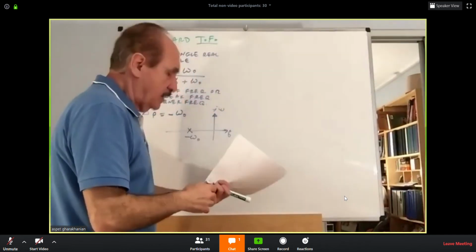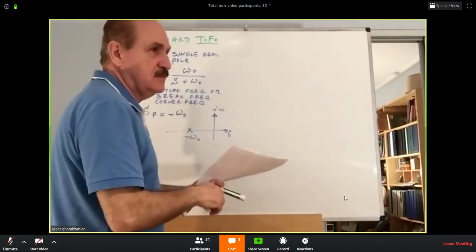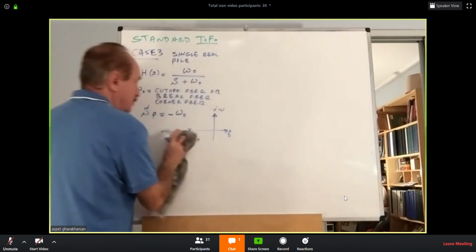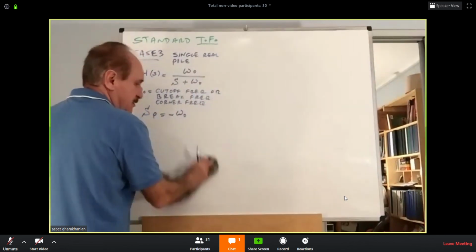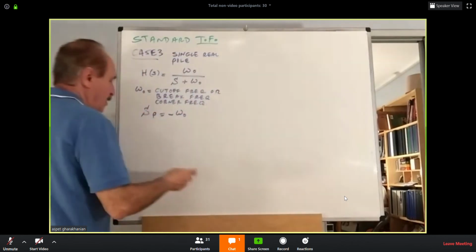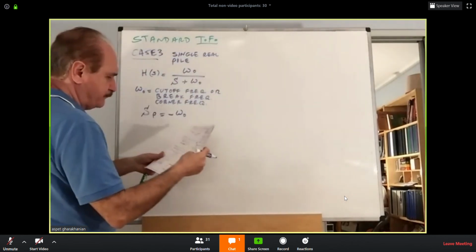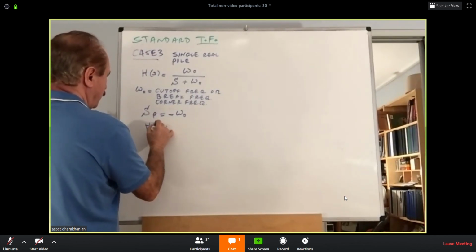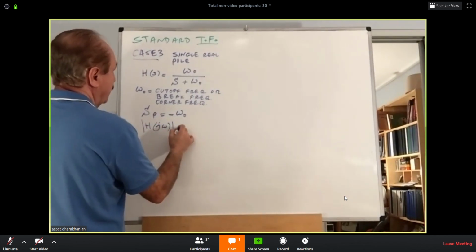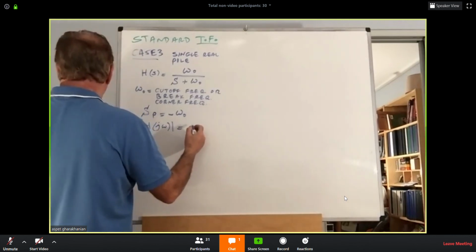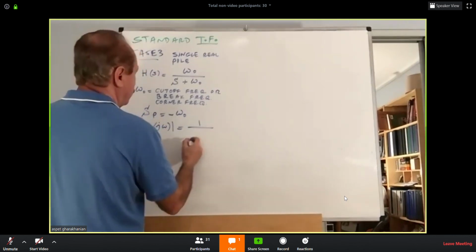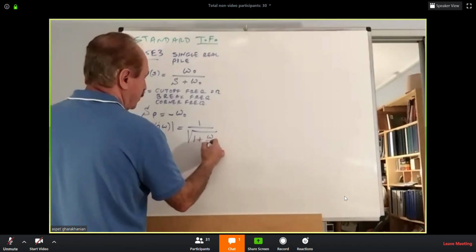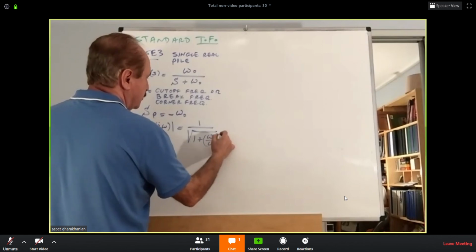Now, we have to break that function into algebraic form. So allow me to erase this to gain some space. Here, the magnitude of H of j omega is going to be 1 over the square root of 1 plus omega over omega O, the whole lot, squared.